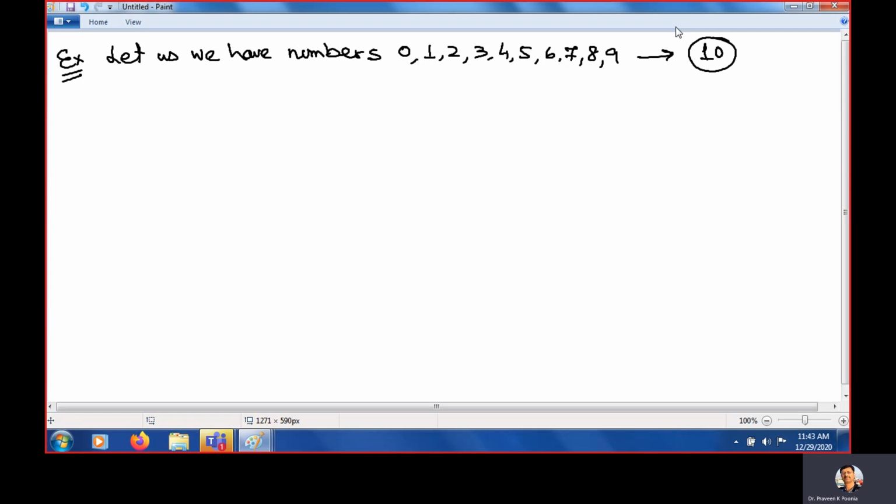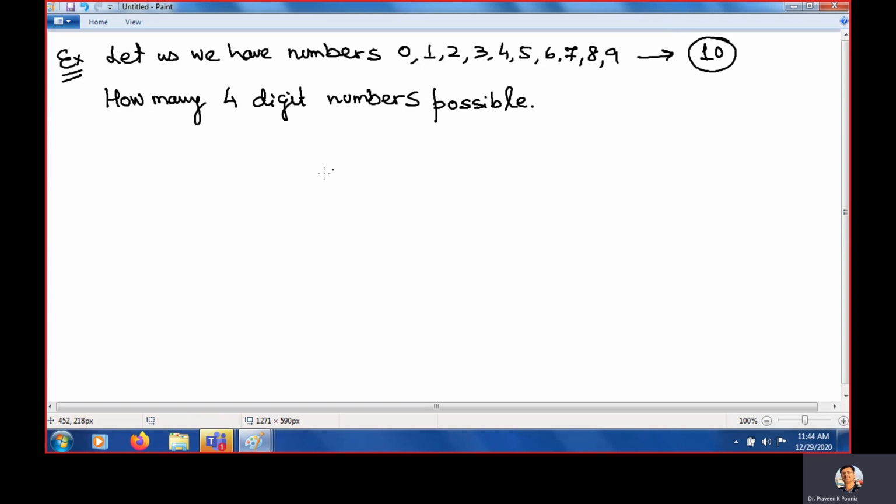Clear? So now we need to decide how many possible numbers we can take. So the question is, how many 4-digit numbers are possible?